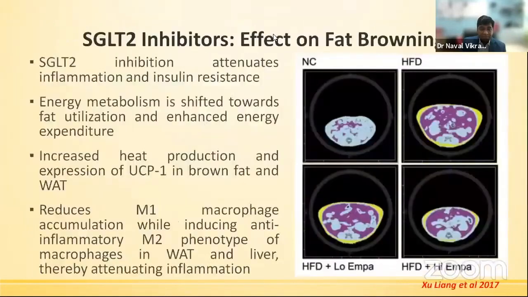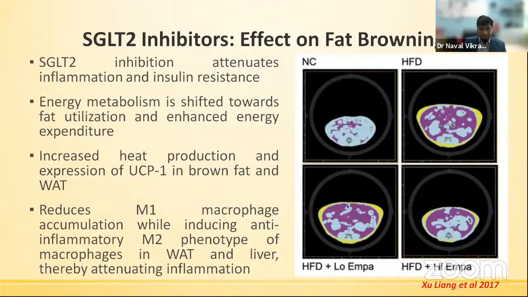Now, something which is available with us and which may be beneficial is the SGLT2 inhibitors. SGLT2 inhibition has been shown to attenuate inflammation and insulin resistance. And it has been shown that the energy metabolism is shifted towards fat utilization and energy expenditure.